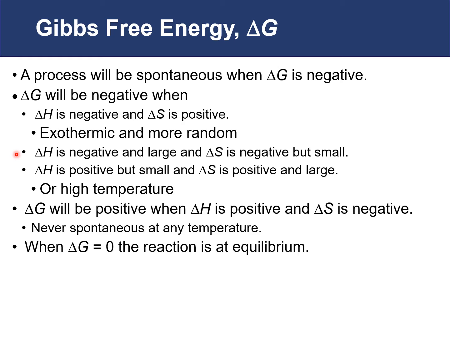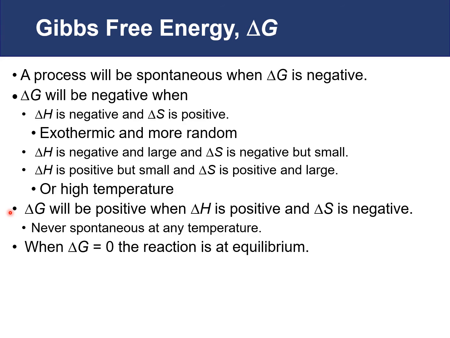So your delta H term is what really drives the reaction. We could also have delta H is positive but small and delta S is positive and large. So the change in entropy of the reaction is what's driving the process. Or having delta H be positive and delta S be positive, but the temperature be really, really high.